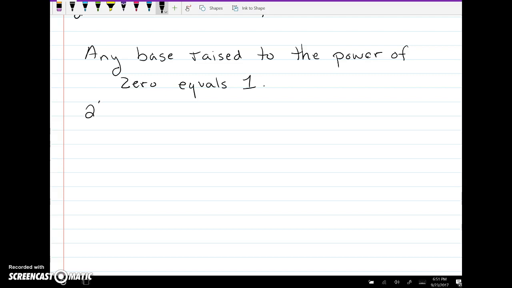So, 2 to the 0 equals 1. 9 to the 0 equals 1. 256 to the 0 power equals 1. No matter what the base is, when it's raised to the 0 power, it equals 1.